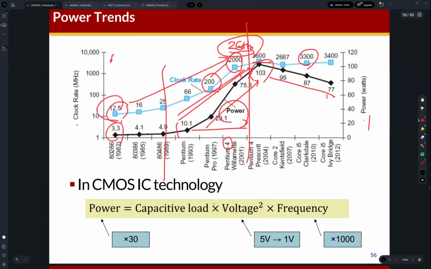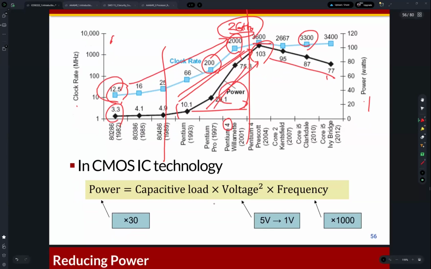But we can also observe that the power is increased, right? It is because of the power equation. For CMOS technology, the power equation is like this. Actually, this is proportional, not equal. The power equation is the capacitive load, voltage squared, and clock frequency.